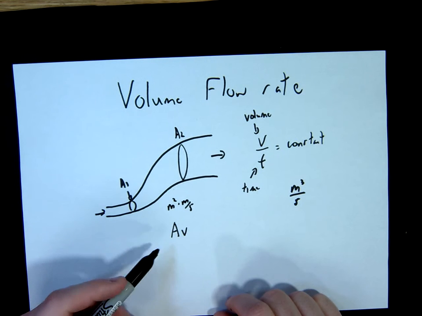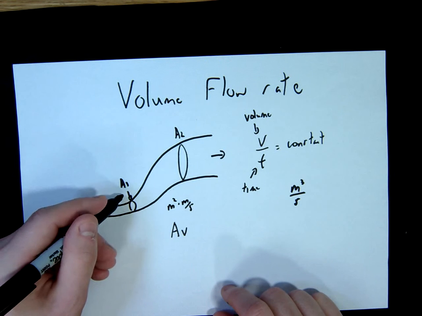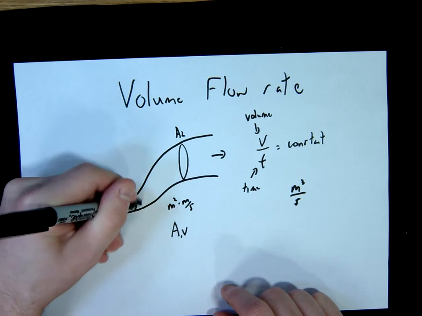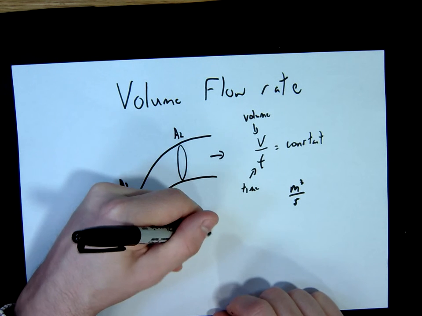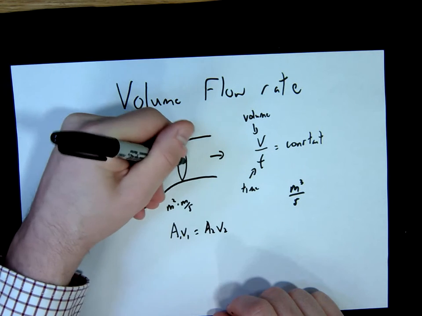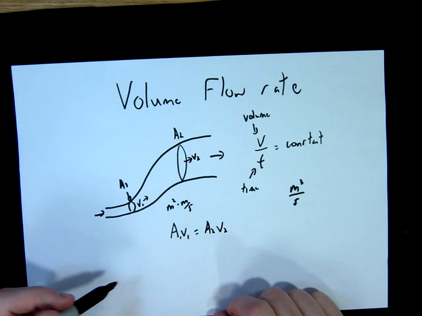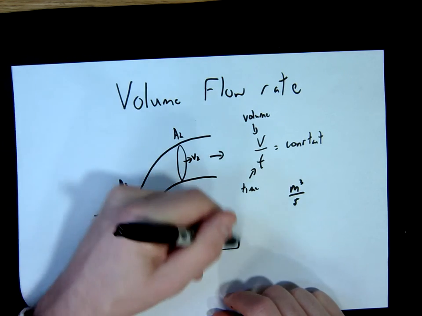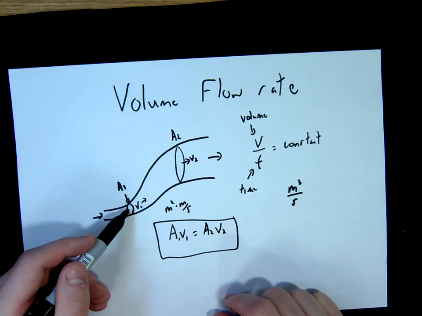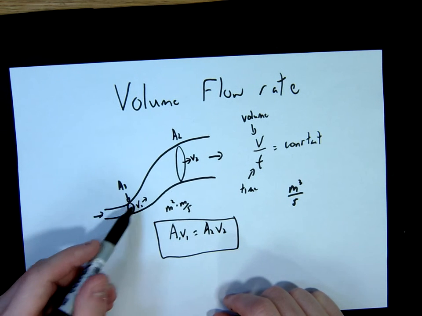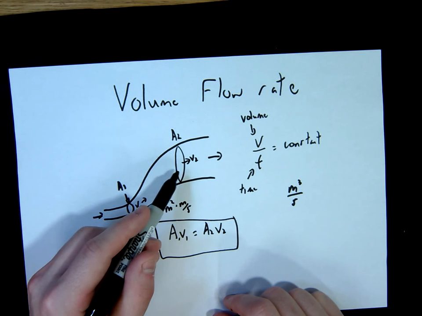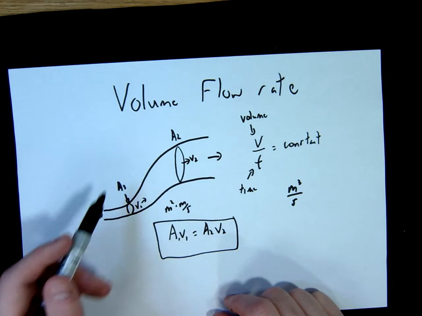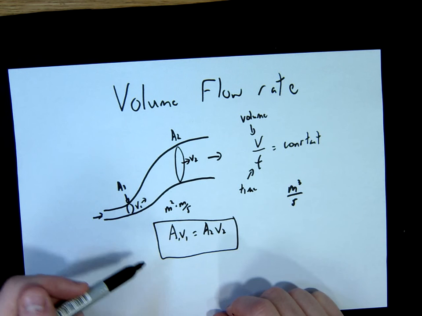What you get here is, if that equals a constant, that means the area A1 times the velocity V1 has to be equal to the area A2 times V2, and here's V2. What this says is essentially that in a given fluid, if the area gets larger, the speed of that fluid must become slower in order for the volume that passes per given second to be constant.